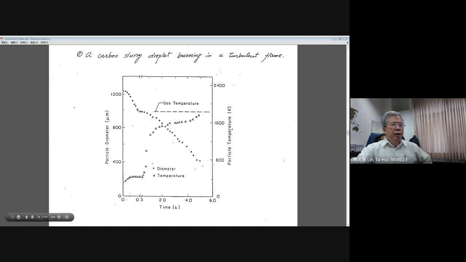You can see when you start to ignite it, the triangle symbol represents the temperature and the spherical symbol represents the diameter. You can see initially the diameter of this carbon slurry droplet is around 1200 micron.